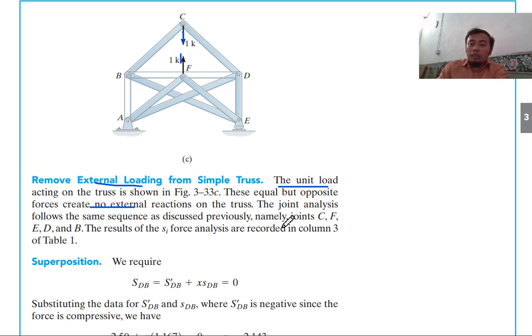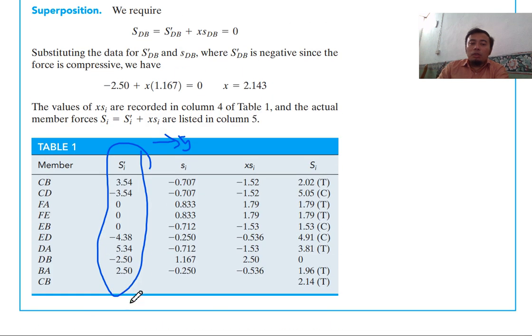Namely, you start with C, you find CB, CD, then you go to F, and this zero force member you exclude from the equation, and then E, D, and lastly B. The results of S_i forces, imaginary, you can say this is imaginary because we put a unit load here, are recorded in column 3.